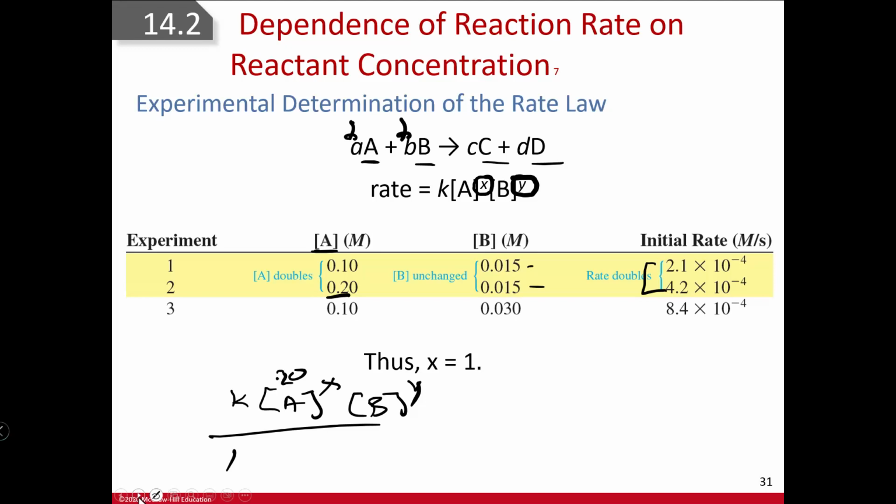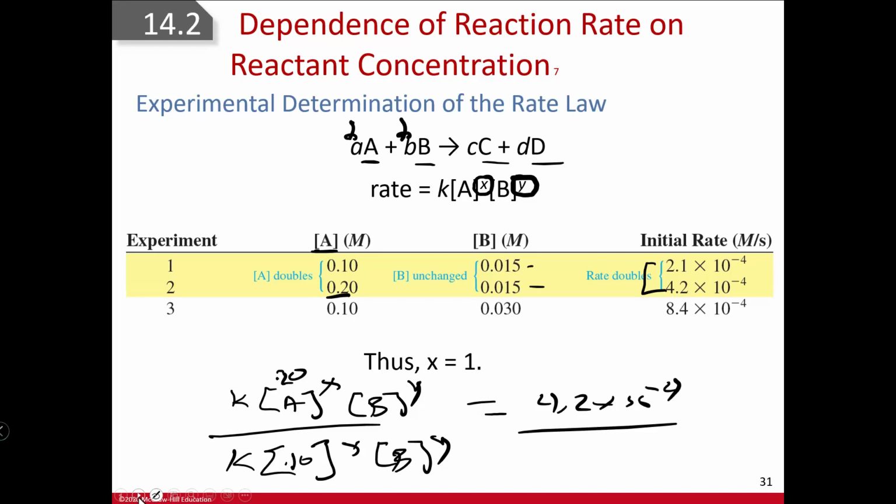And then we could say K divided by A, which in the first case is 0.10 molar raised to the X, and this is B raised to the Y power, and then you would say 4.2 times 10 to the -4, and you would divide that by 2.1 times 10 to the -4.